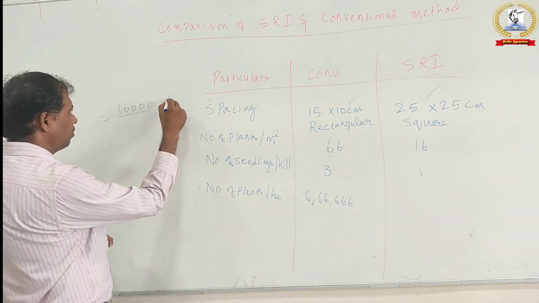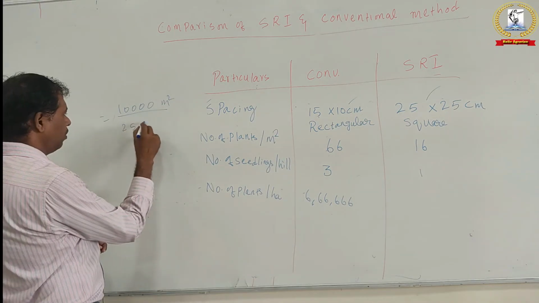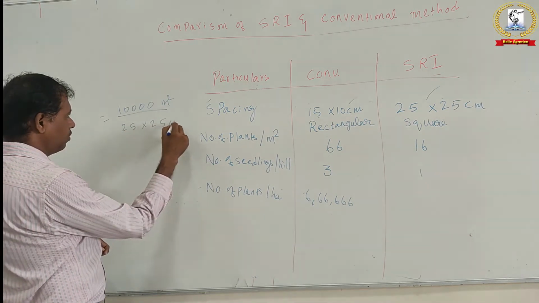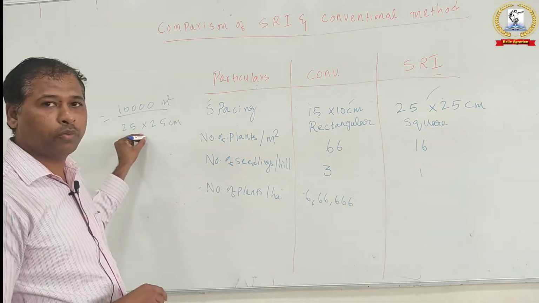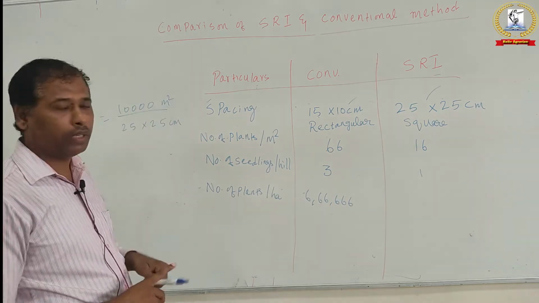10,000 square meter, and this is 25 into 25 centimeter. Now, this centimeter should be converted into meter.